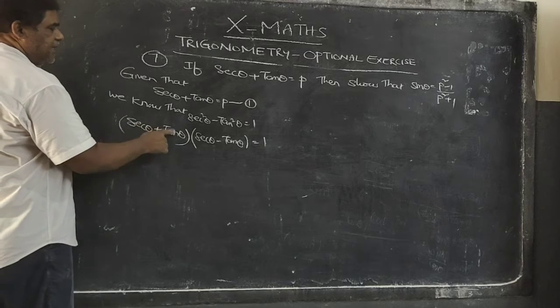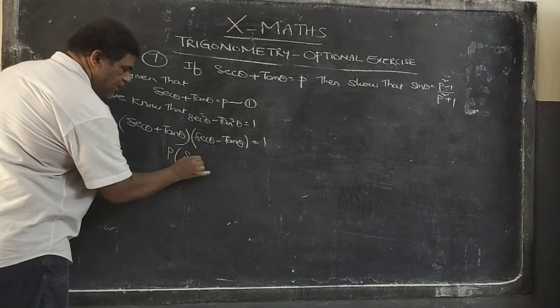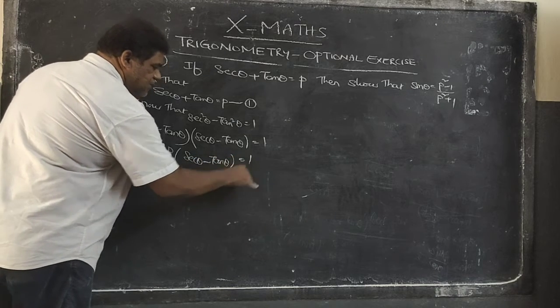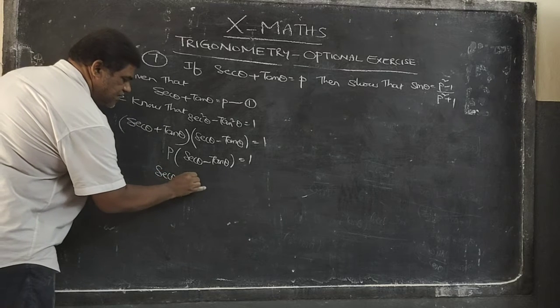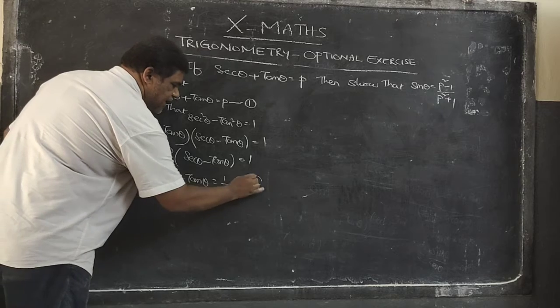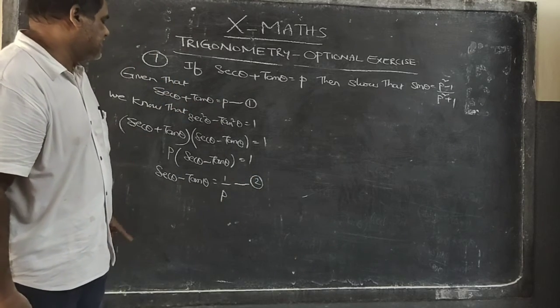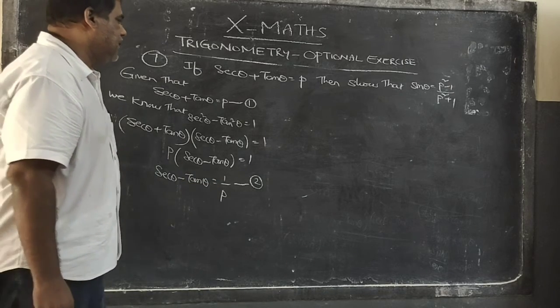Now secant θ plus tan θ is given as P. If you substitute here, we will get P into (secant θ minus tan θ) is 1. Send P that side. So secant θ minus tan θ is equal to 1 by P. This is the second equation. So if secant θ plus tan θ is P, then secant θ minus tan θ will be 1 by P.